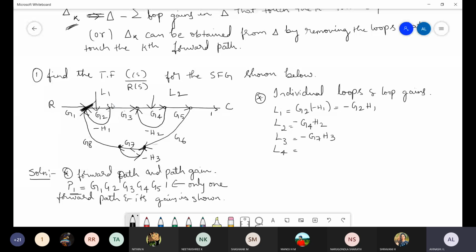Can I do this one? G2, G3, G4, G5, G6, G7, G8. So this is the another loop. Clear?